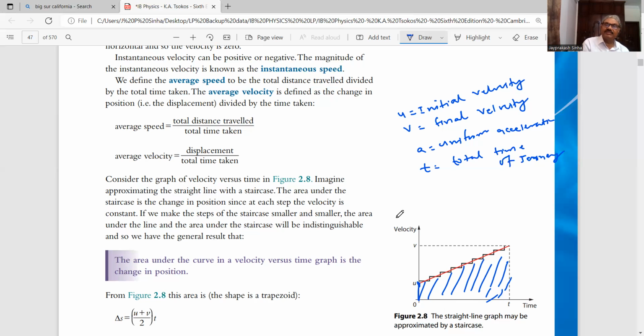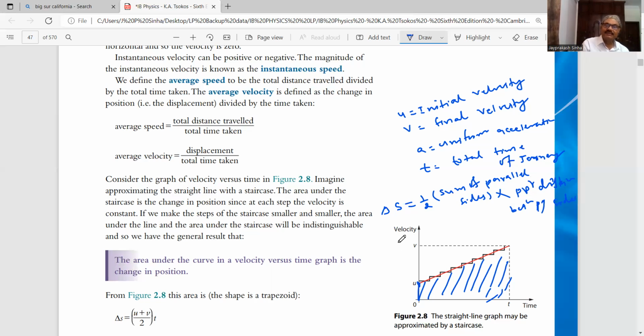So what is the area of the trapezium? That will give the displacement. Area of trapezium is half into the sum of parallel sides into the perpendicular distance between the parallel sides.